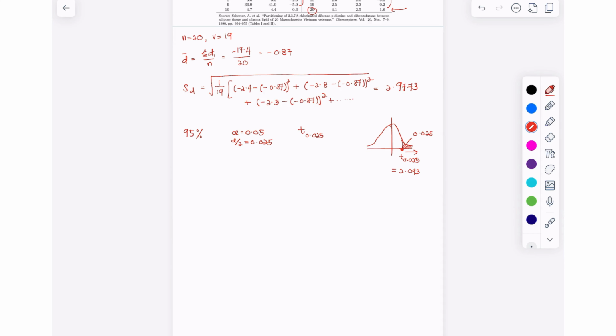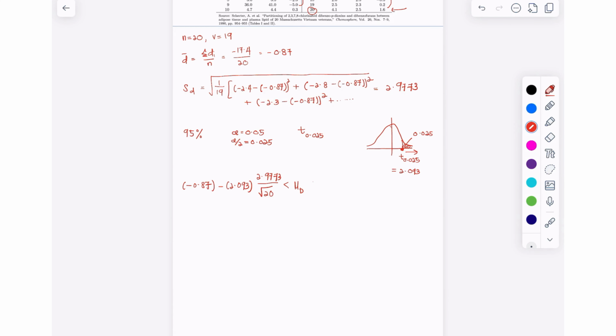So we have d bar, negative 0.87, minus t alpha over 2, which is 2.093, multiplied by SD, which is 2.9773, divided by square root of n, that is square root of 20, less than mu d.